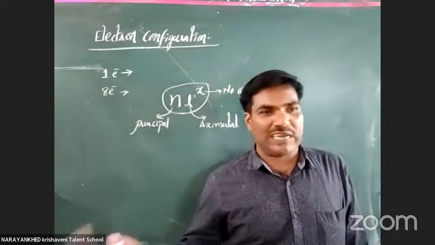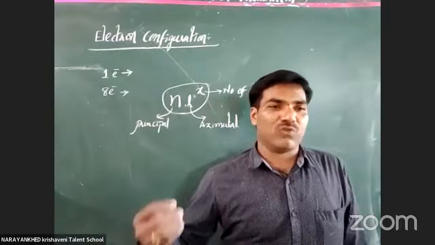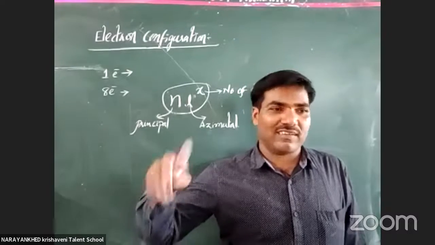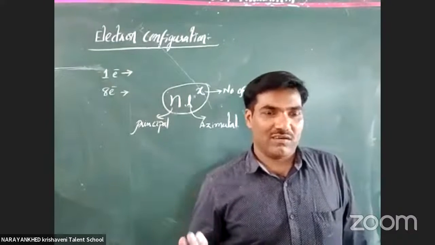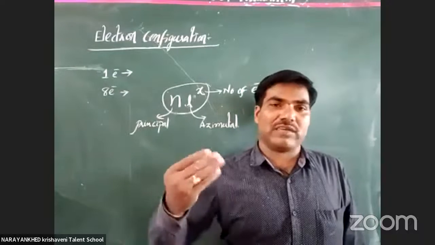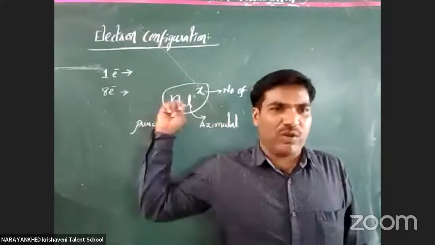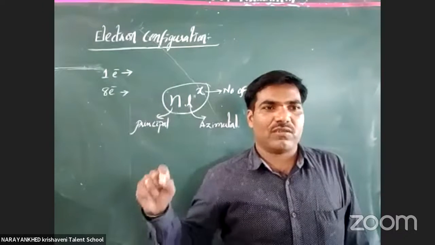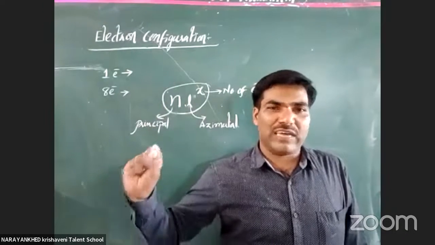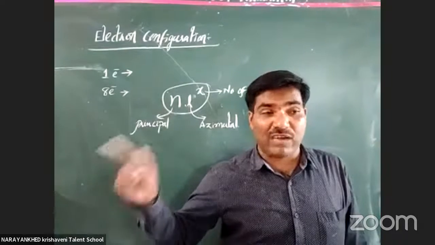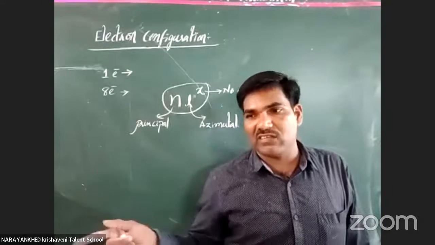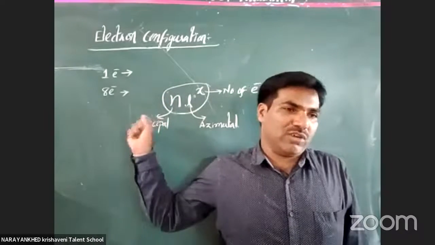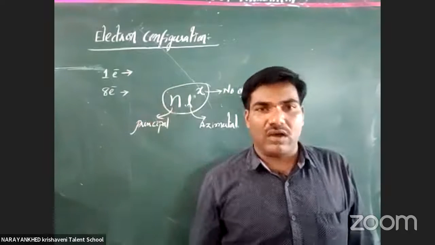In the school there are so many classes, in the classes so many benches, and on the benches there are positions as well. Like that, we distribute our address. Simply, the electron configuration indicates the address of each electron: in which orbit, in which orbital, and at what position it is. All that information is given by our electron configuration.